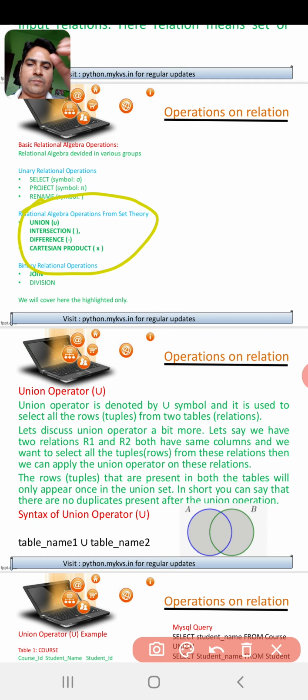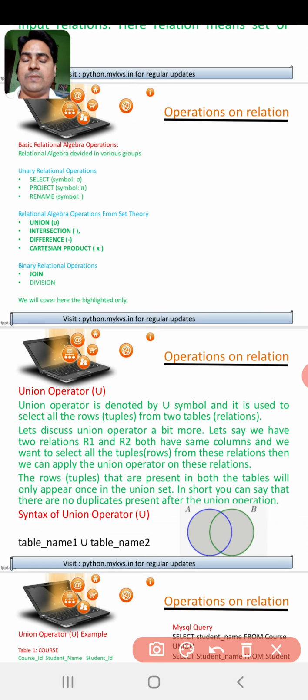Here you can see that they are depicted in bold letters. The bold letters show that these things are in your syllabus, and the letters which are not bold, those are not covered in your syllabus. But I am going to discuss about everything.